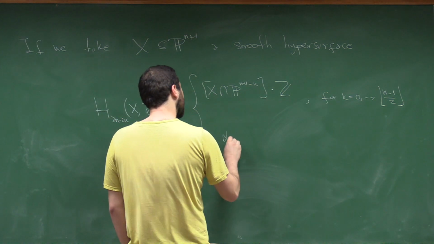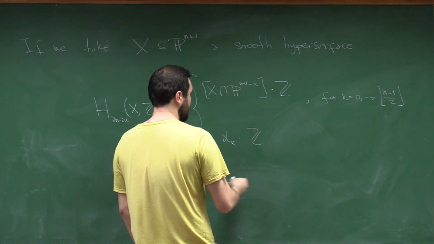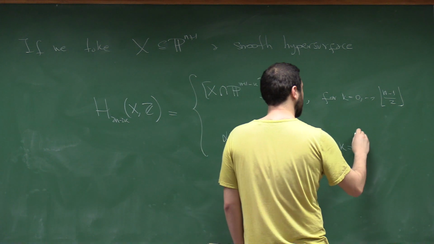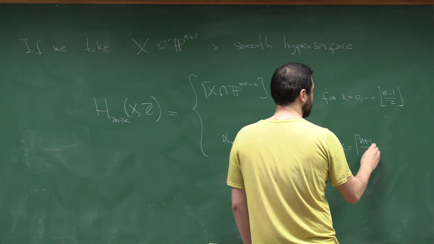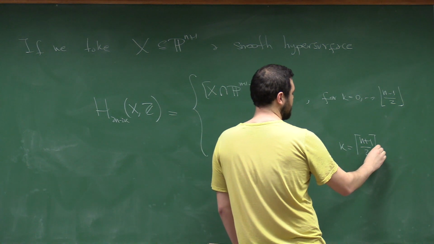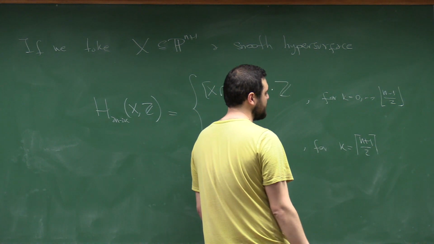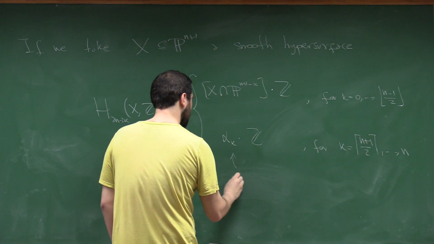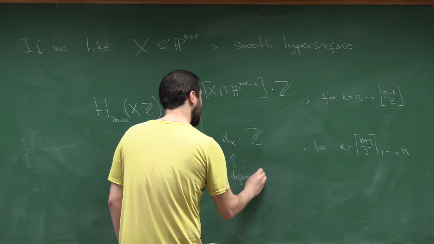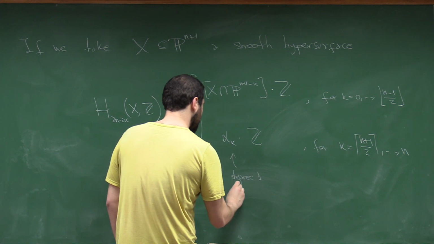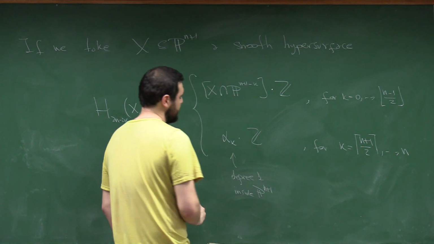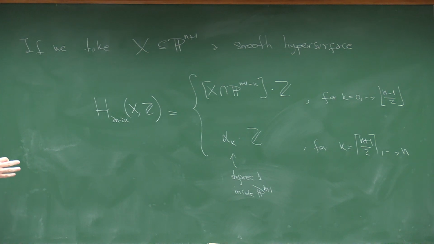And we know that this is some alpha_k times Z for k equal to, I don't know how to call this, the roof of (n+1)/2 up to n, where this guy is a degree 1 cycle inside P^{n+1}. Right? Do you remember that we proved this?